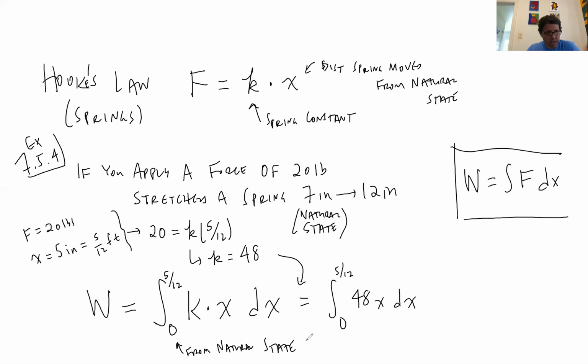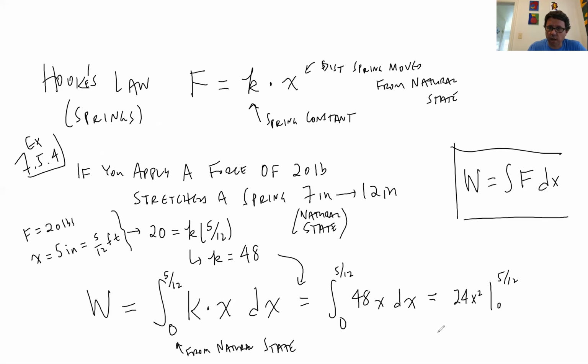So my integral now is that I want to add up all of this work smoothly. Again, it's going to be the limit of a Riemann sum, and so I end up getting this equation. It's the integral of the kx that you get from the force equation for Hooke's law over the amount that you've stretched it. You can do that real quick. That's just 24x squared between 0 and 5/12.